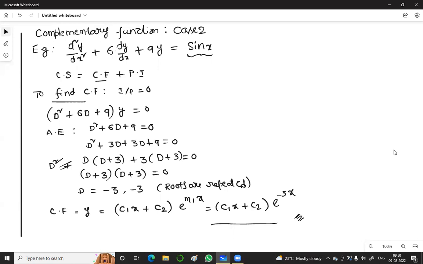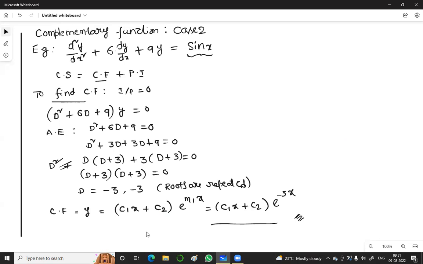But remember, you should get some doubts actually in this case. Why do we need to write c1x plus c2? If the roots are repeated three times, c1x square plus c2x plus c3. How did this come? This is a doubt that generally will come for everyone.